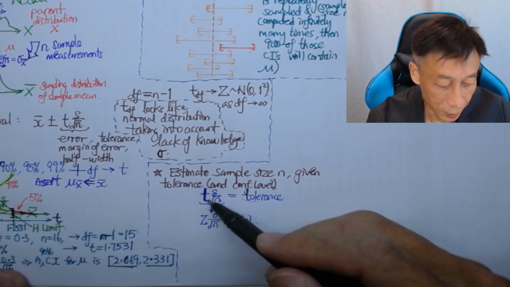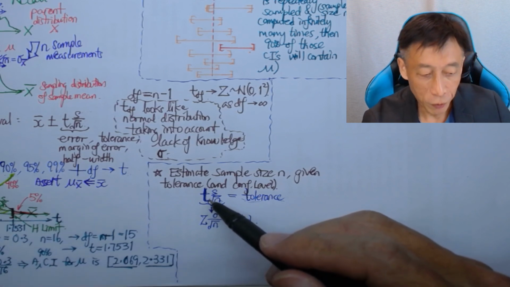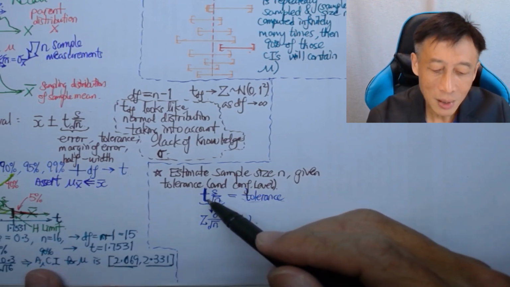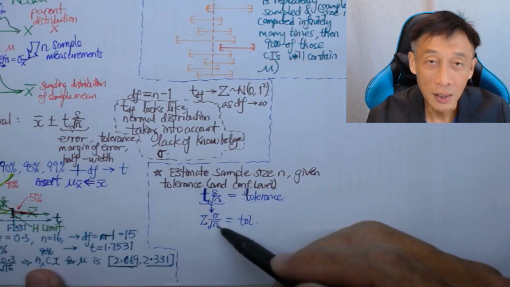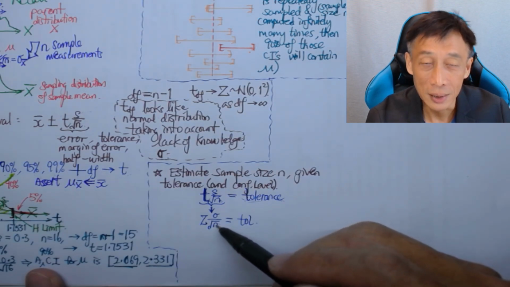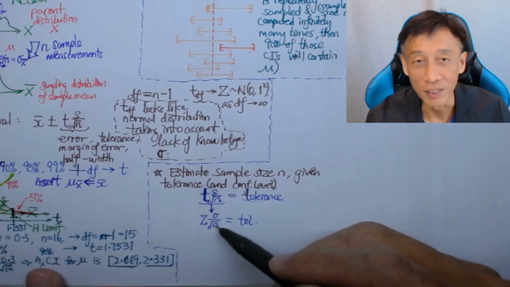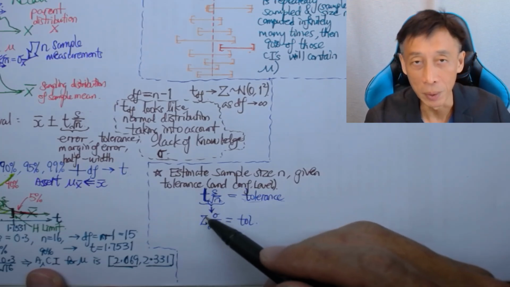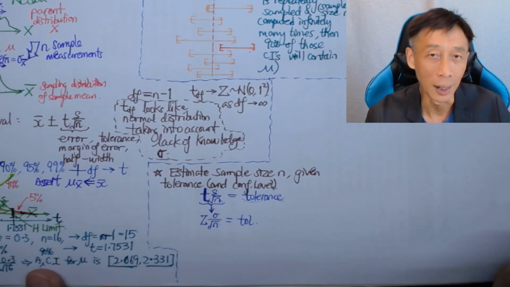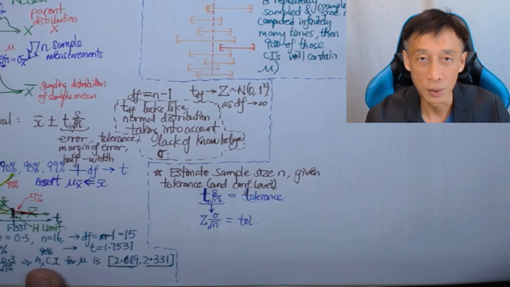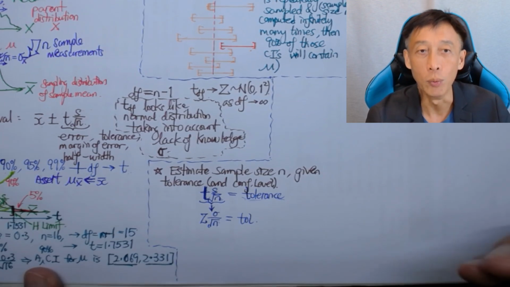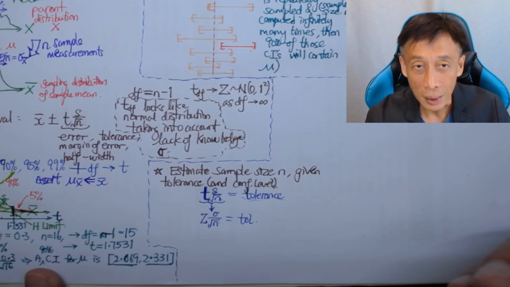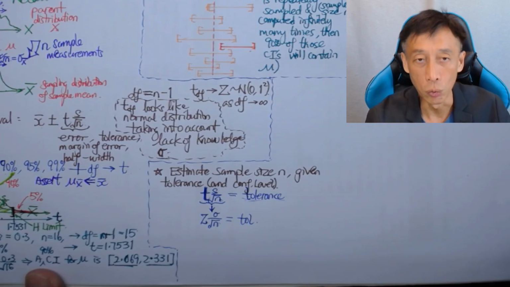If the final n is going to be larger than 30 or more, then essentially the values of z and t will be very close to each other, so close that they differ maybe in the second or third decimal place. So in practice, we are not going to be too bothered by it.